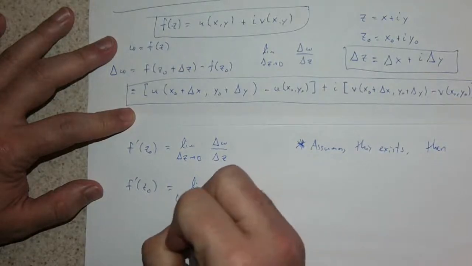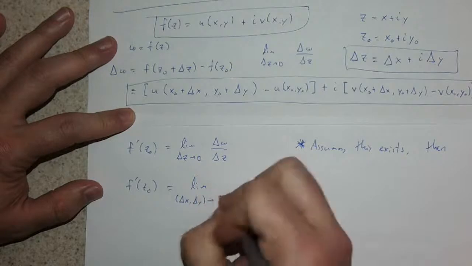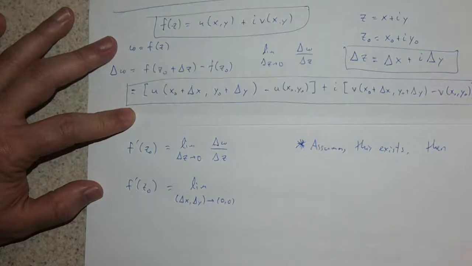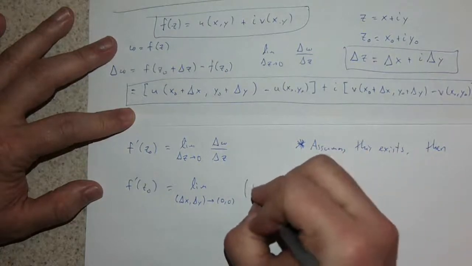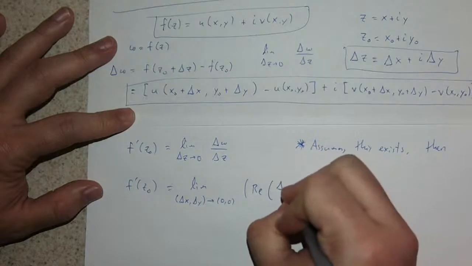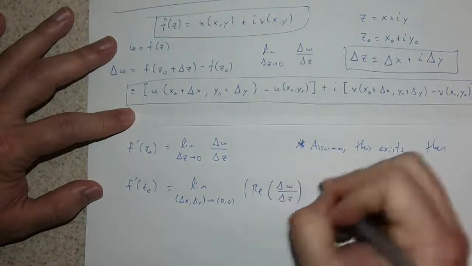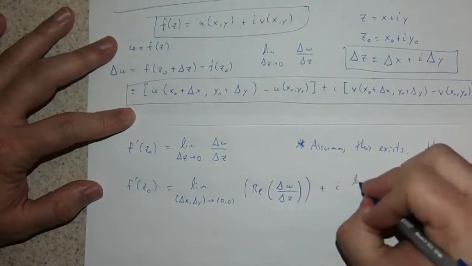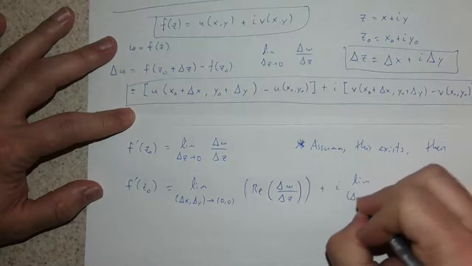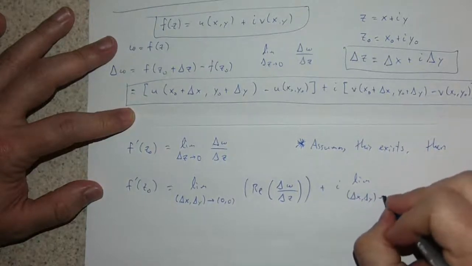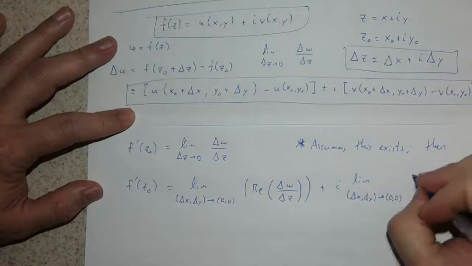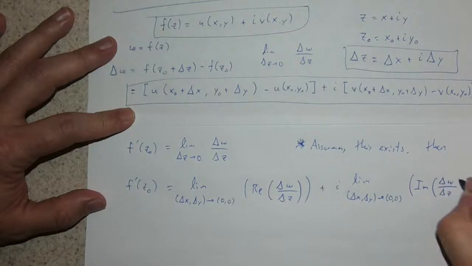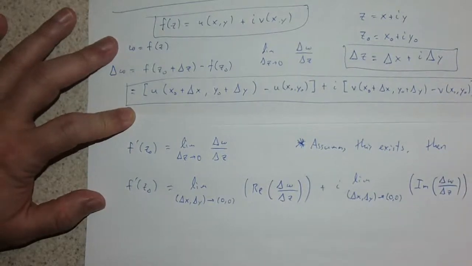Then, putting it in terms of x and y, this is the limit as delta x, delta y approaches 0, 0. That's the same as delta z approaching 0, of the real part of delta w over delta z, plus i times the limit as delta x, delta y approaches 0, 0 of the imaginary part of delta w over delta z.